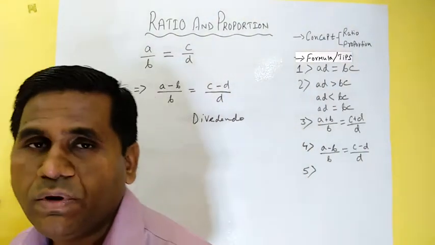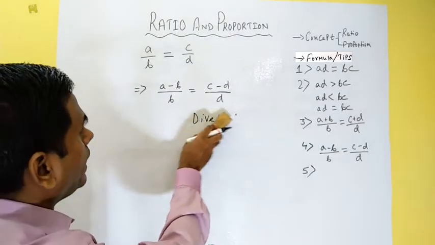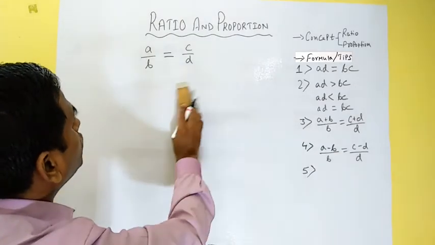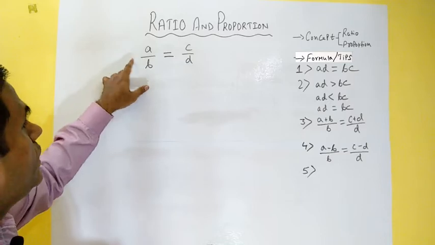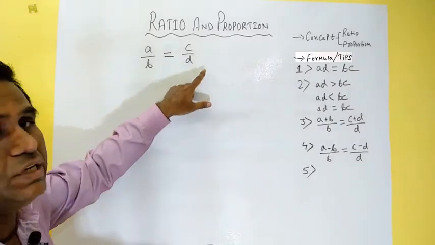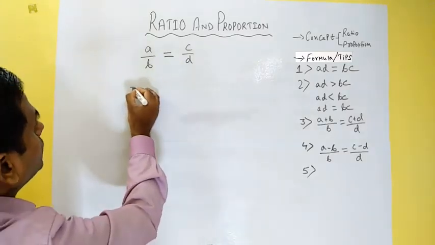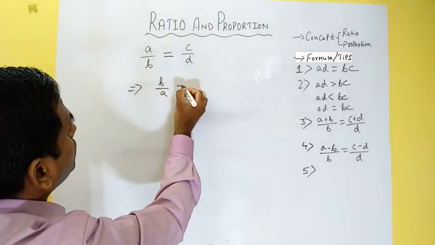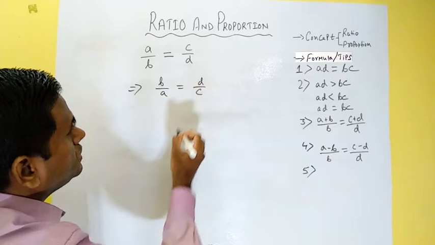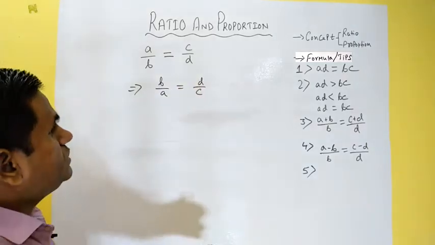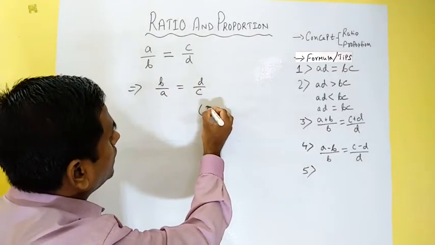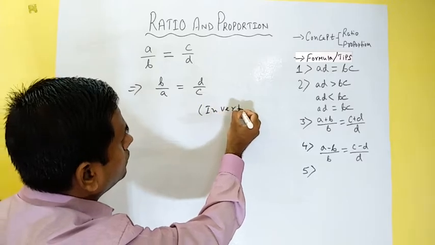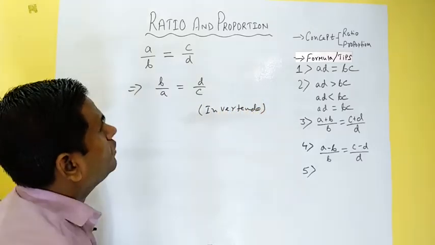Now we will see the fifth one. Suppose you have two ratios A upon B equal to C upon D. So the inverse of this ratio, which is B upon A, is also equal to D upon C, okay, and this is called as invertendo.